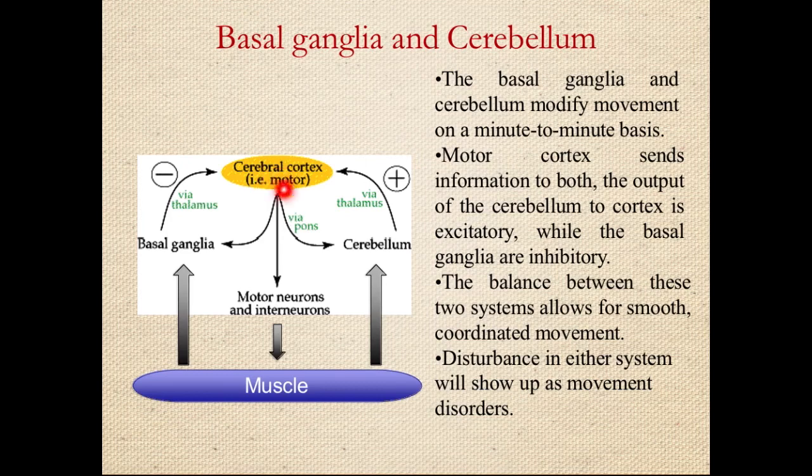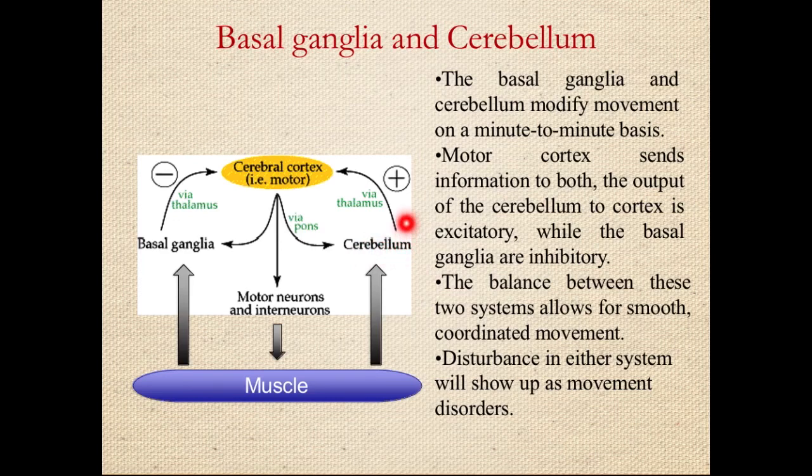See, this motor cortex is sending the blueprint to the motor neuron and interneuron present within the spinal cord, and the movement is getting performed, right. And from the peripheral nervous system or the skeletal system, the muscles which are performing the movement, one copy is coming back to the cerebellum, another copy is coming back to the basal ganglia, right. And as I said, the cortex is sending a copy to the cerebellum via the pons. Okay.